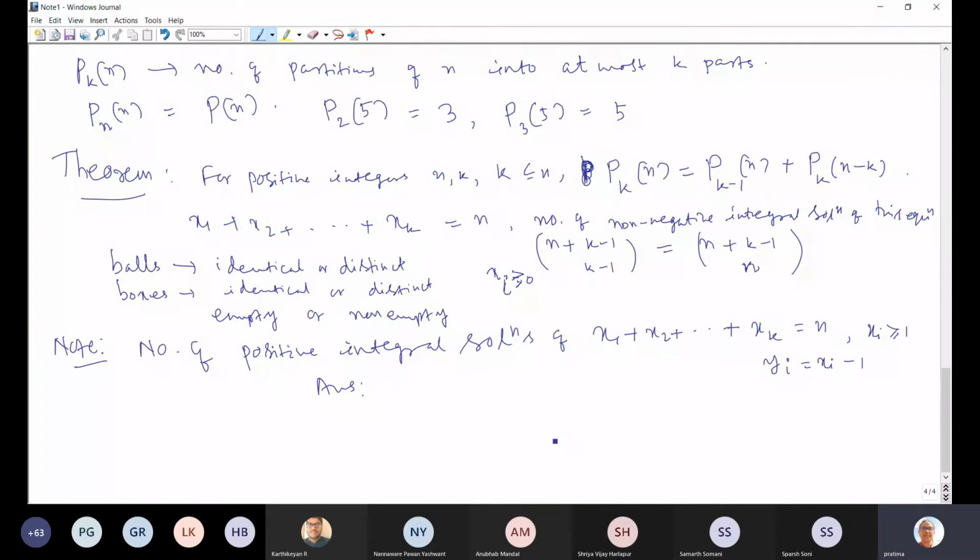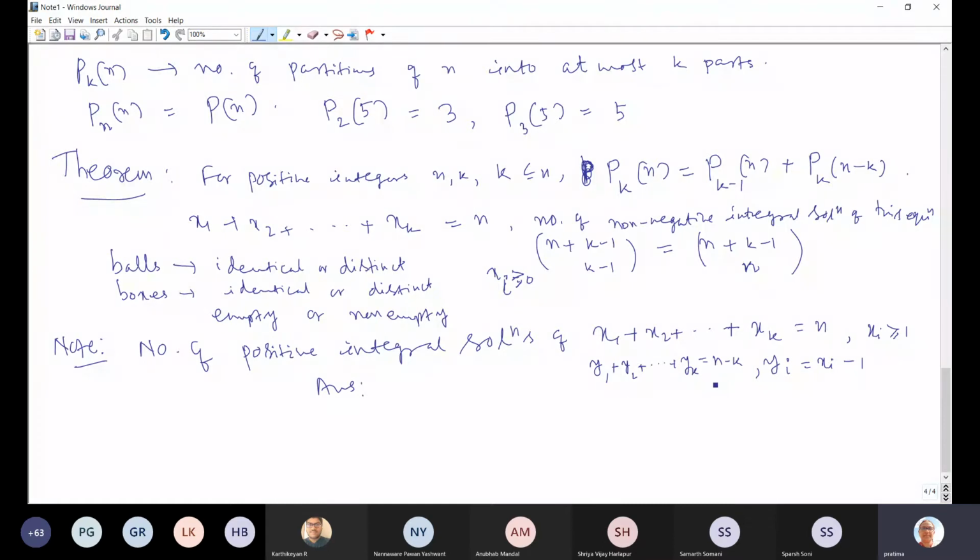If I replace with this new variable yi, on the other side you get n minus k.